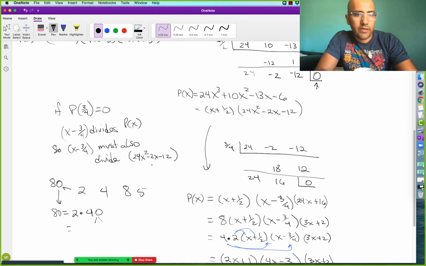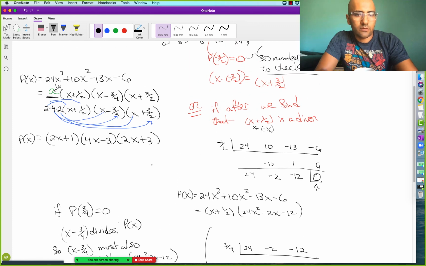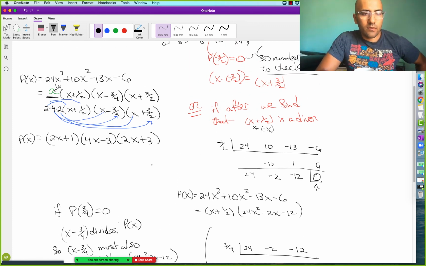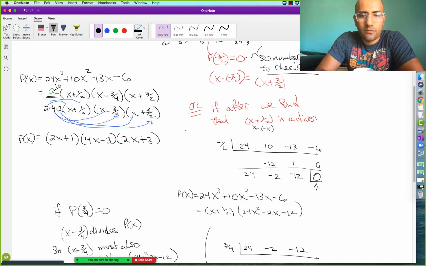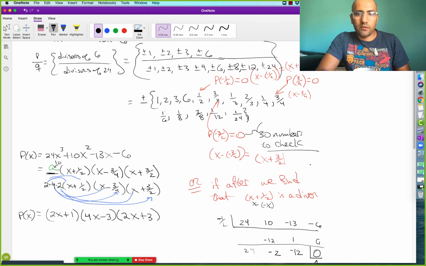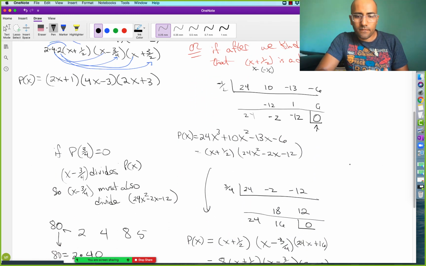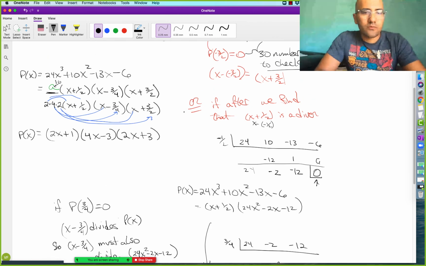Why do I have 3x plus 2 and I have 2x plus 2 there? Is this right, that negative 3 over 2 was a 0? So then I need to multiply by 2 and it gives me a 3.